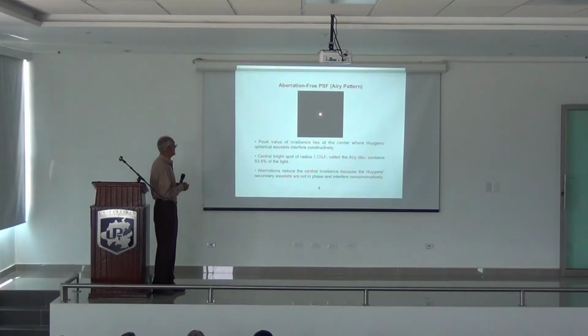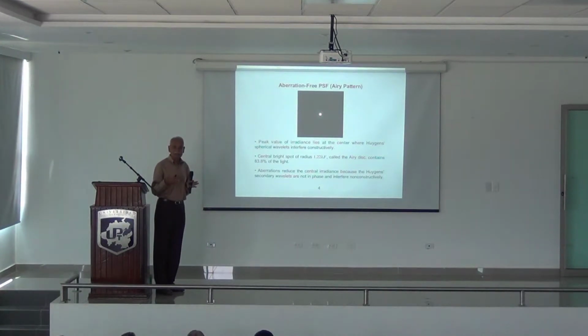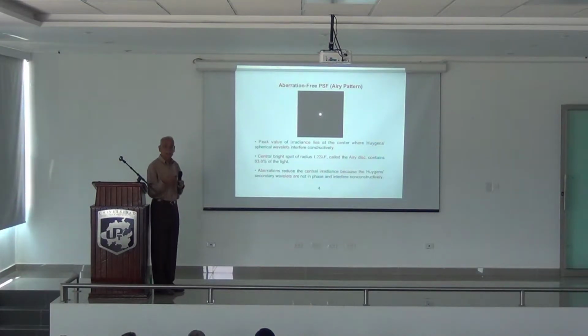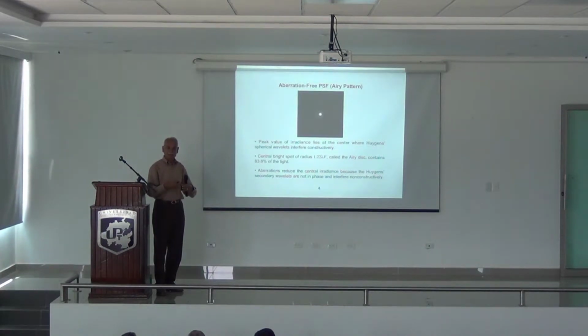The central point is the brightest. We think in terms of, well, it's the focal point, it has to be the brightest. And that's okay. However, there is a better explanation. That explanation is that the Huygens secondary wavelets are all in phase at that point, and therefore they interfere constructively and give the maximum brightness.